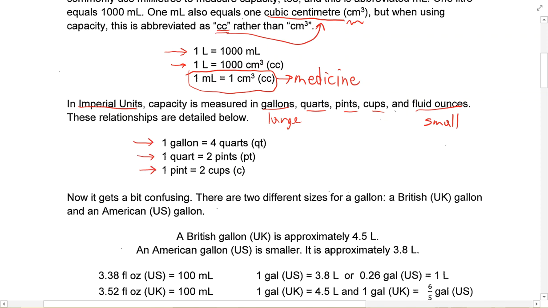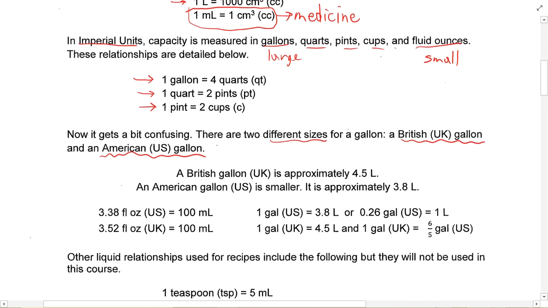For a gallon, there are different sizes. There's a British UK gallon and an American US gallon. The British gallon is larger, about 4.5 liters, whereas a US gallon is only 3.8 liters. In fact, I believe it's 3.75 liters.